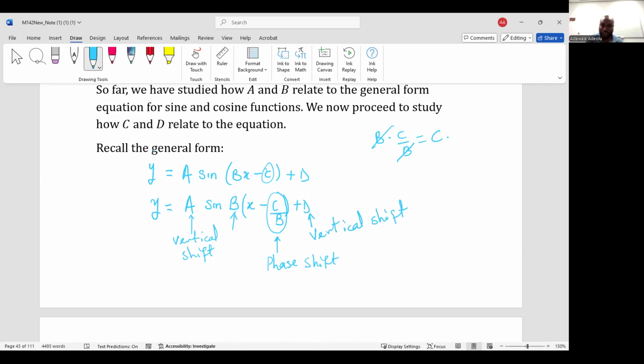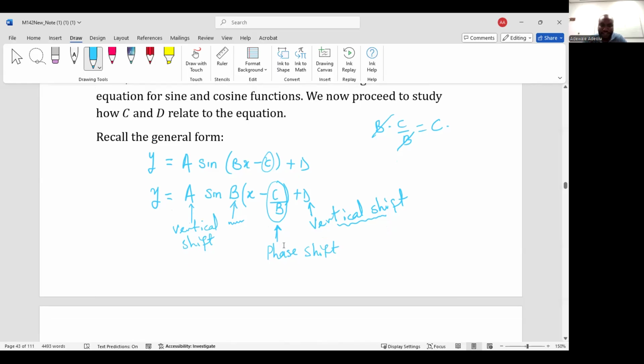Here we call it phase shift. Here this is compression, this B compression horizontally. While this is shifting vertically, that is compression or shifting. Maybe it shifts up or down, upward or downward. Okay.